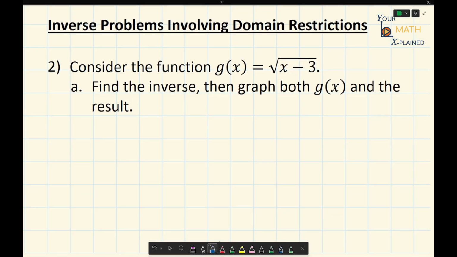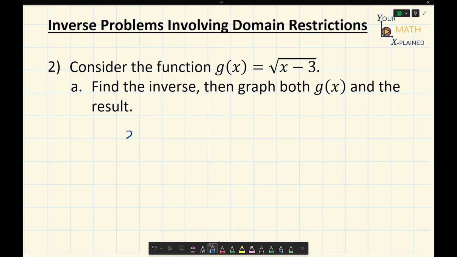So for this next example, we're going to take a look at inverse problems that involve domain restriction. So let's consider the function g of x, which is equal to the square root of x minus 3. We're going to find the inverse, and then we're going to graph both g of x and the inverse function. So now to find the inverse function, we're going to swap our x and y like usual.